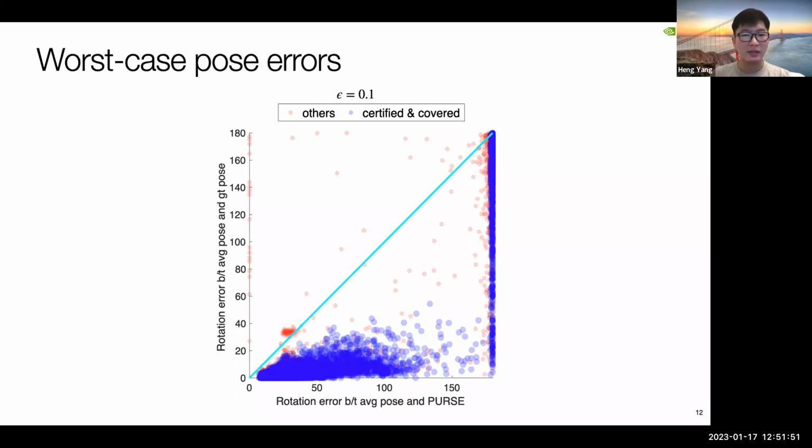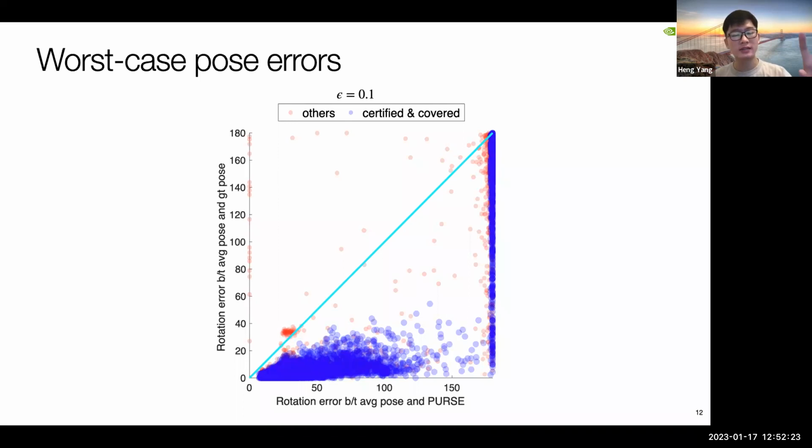The x-axis is the error bound that we've computed from solving that optimization problem, and the y-axis is the error between the ground truth and my average pose. So I'm computing the rotation error between my average pose and the ground truth, and I'm also computing my error bound between my average pose and my pose set.